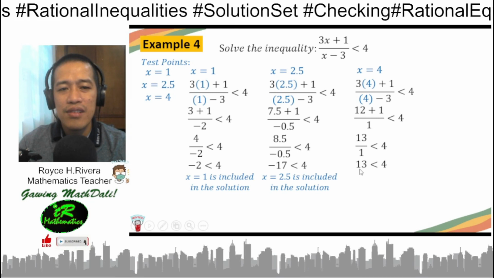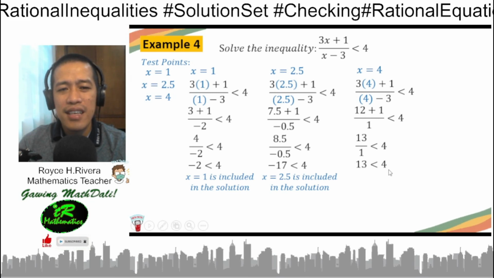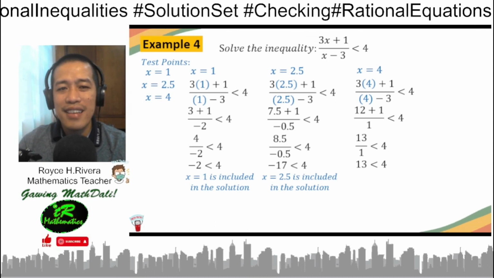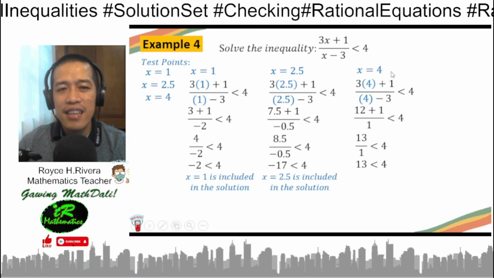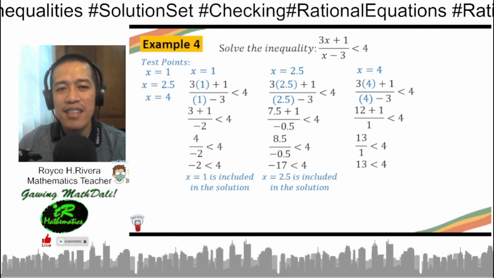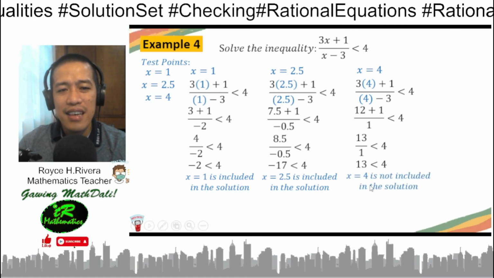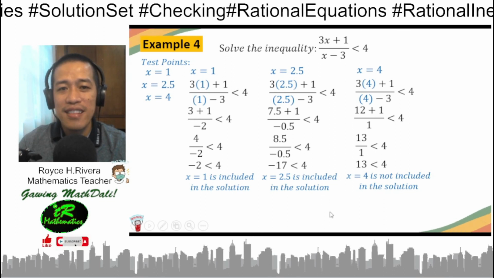The ratio 13 less than 4 is incorrect. Therefore, x equals 4 did not satisfy the inequality, and x equals 4 is not included in the solution.